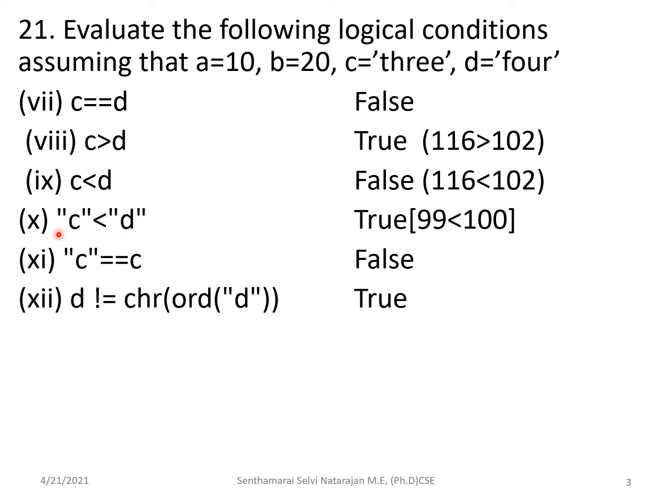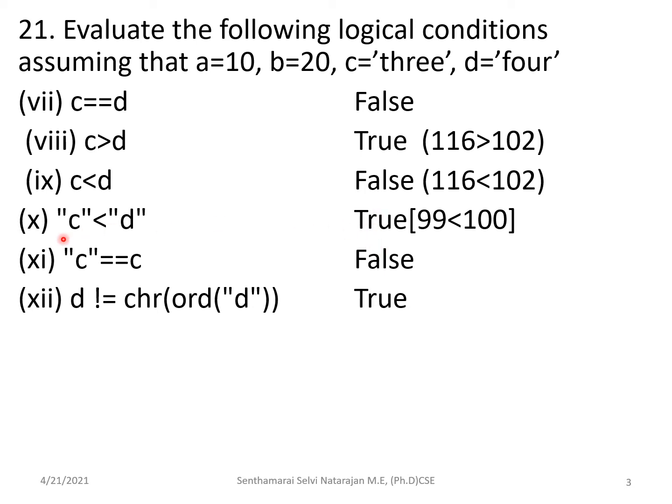In the command prompt of Python, within double quotes if you give C and press enter, you will get the value within single quotes, 'C', likewise within single quotes 'd'. So this specifies the C and then the d. When you get the ordinal value of C, it gives the value 99, and the ordinal value of small letter d gives the value 100. Based on that, the condition is true.